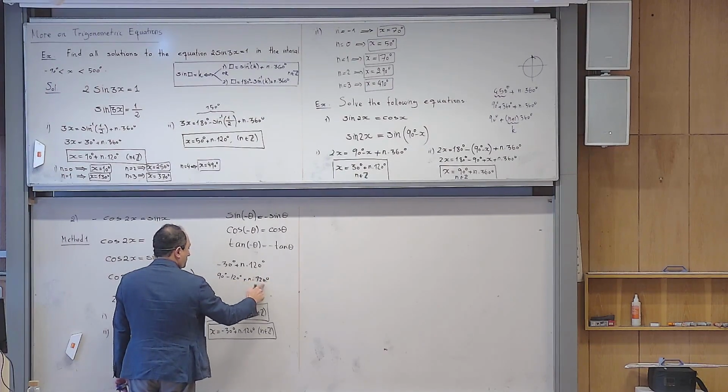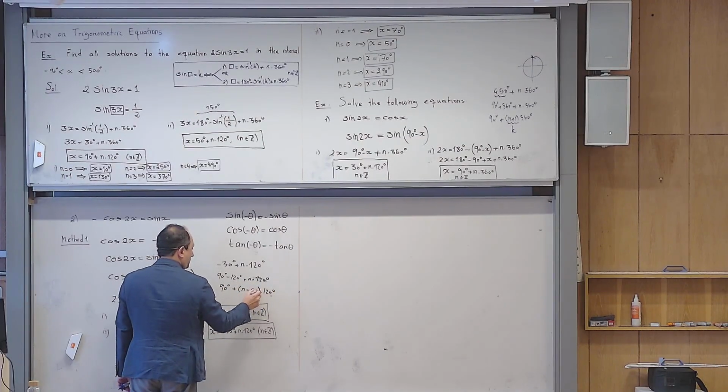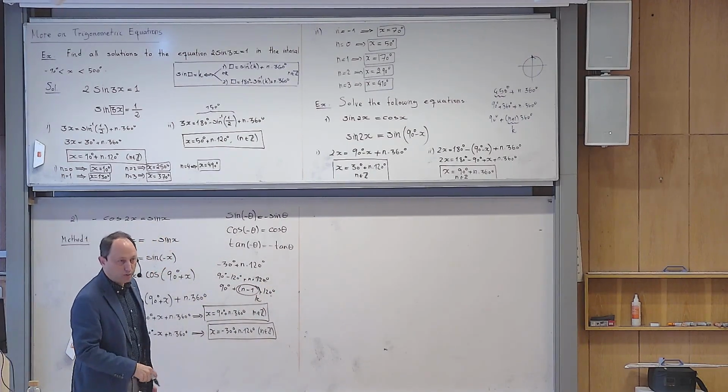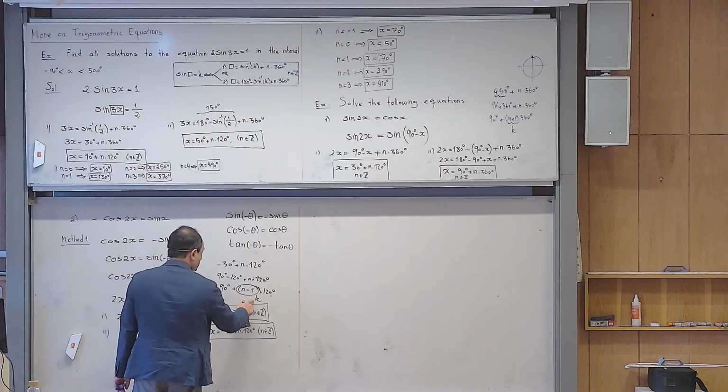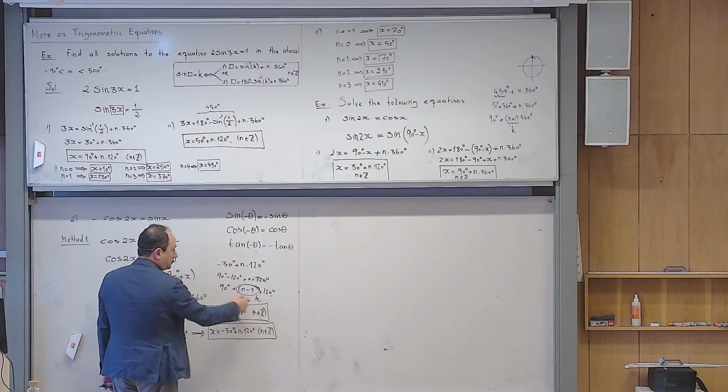And between these two, you can factor a 120 degrees out. From this one, n is left. From this one, minus 1 is left. Yes? And then you can call this a new variable k. Because if n is an integer, n minus 1 is also an integer, so you can call it different. So there is no difference between this way of writing and writing 90 degrees plus k.